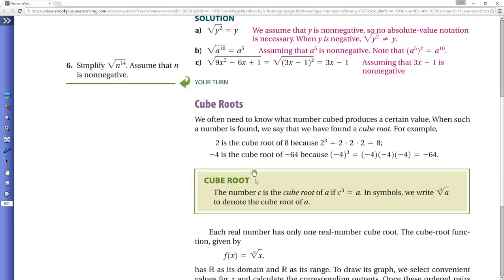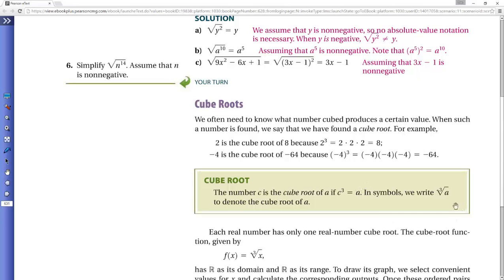Okay, and so on. So now they're going to tell us that the cube root of A is C if C cubed is equal to A. In other words, to put this in the terminology, 2 is the cube root of 8 because 2 cubed is equal to 8.